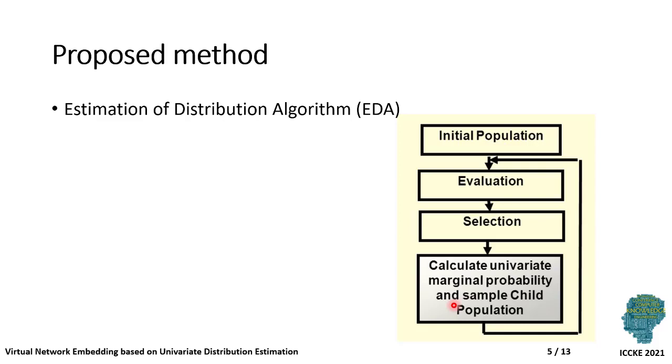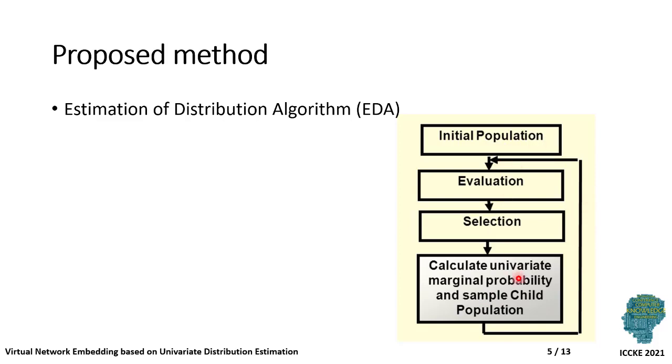In this step, EDA tries to construct a population model, in fact a distribution model, and uses the distribution model to generate the next step's population.